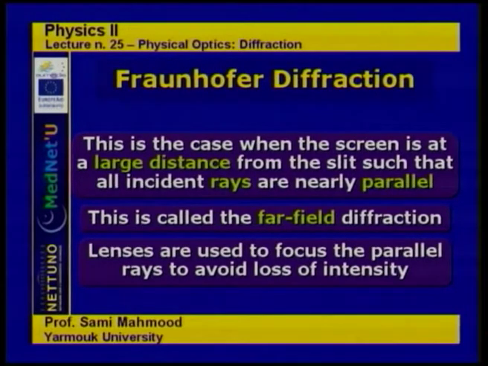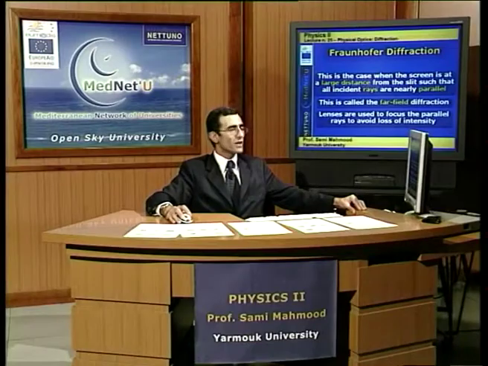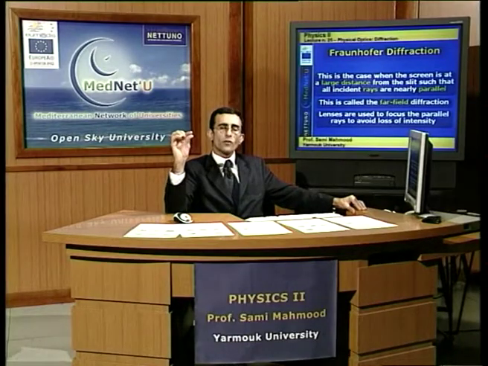In this case, because we are far away from the slit, the intensity of light becomes very dim, and maybe we cannot see the pattern, not because it doesn't exist, but because the intensity of light at far away distances from the slit is very dim or very weak.